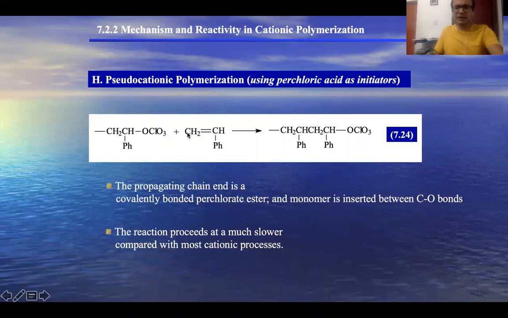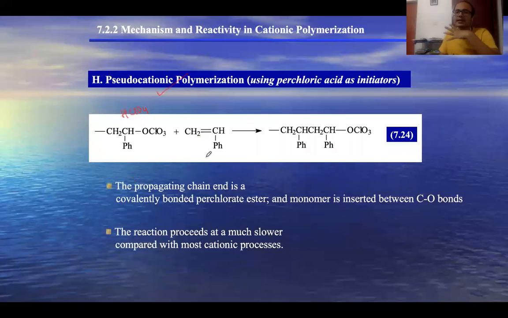Lastly, I would like to introduce you to pseudocationic polymerization, because sometimes when you use perchloric acid, HClO4, as an initiator in the process, you find that often the rate is pretty low. That means it proceeds very slowly.